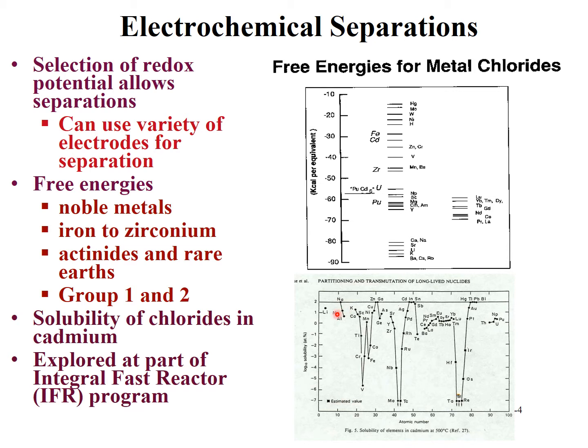So one can use this as a way to exploit the differences in behavior for solubilities in cadmium and use this as almost a solvent extraction process. And a lot of this work can be reviewed if one evaluates the Integral Fast Reactor program, the IFR program.